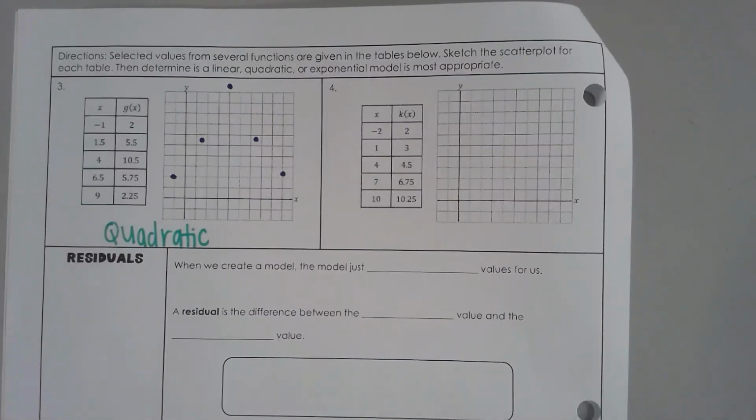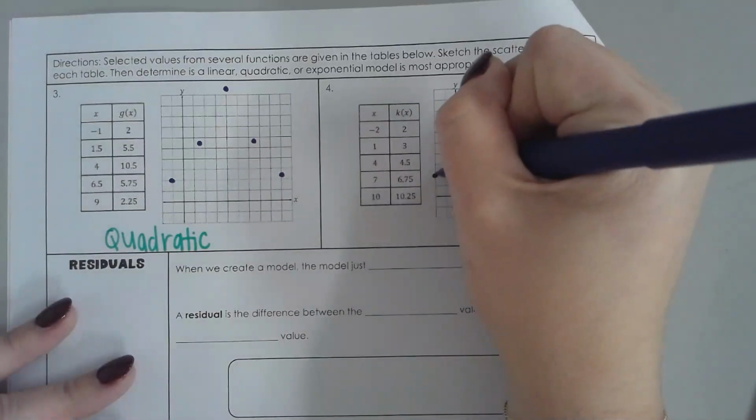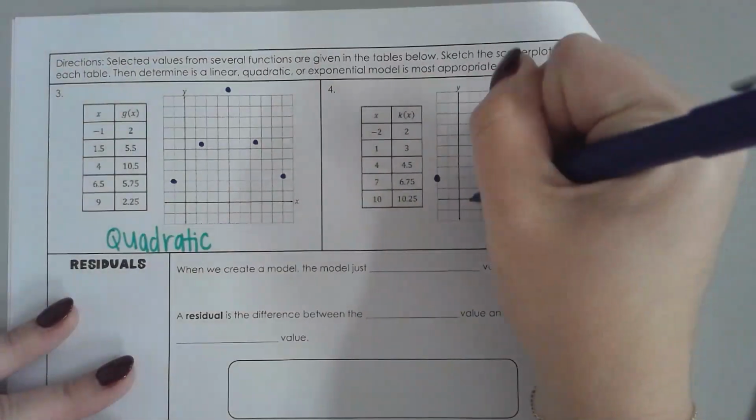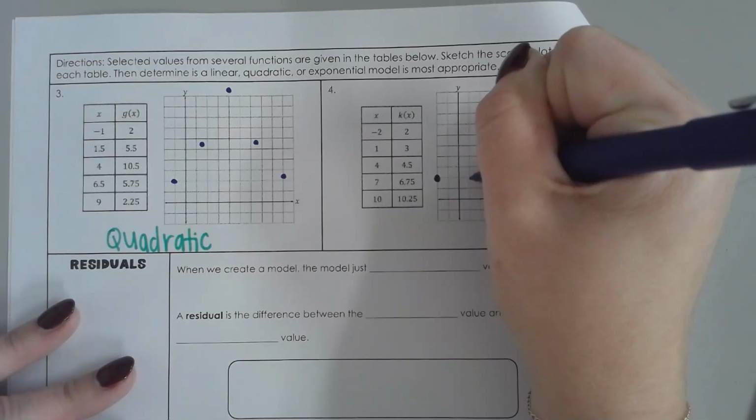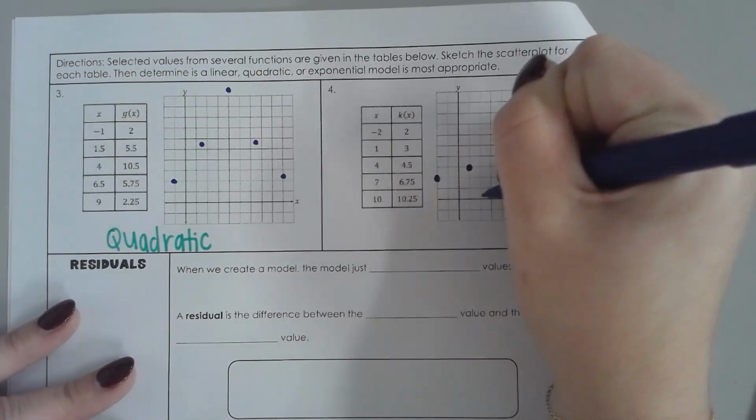Okay. And then number 4, we've got negative 2, 2, 1, 3.